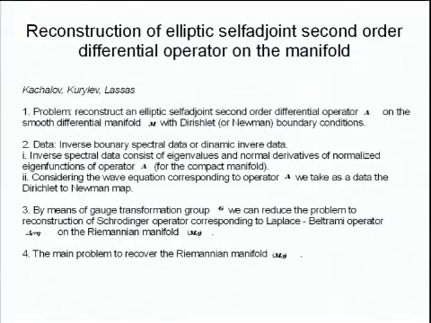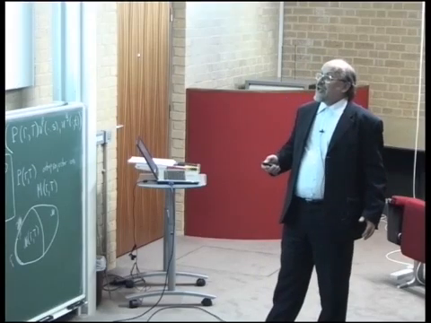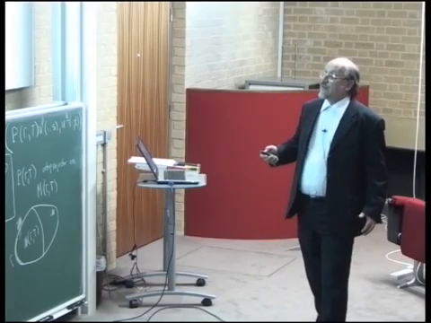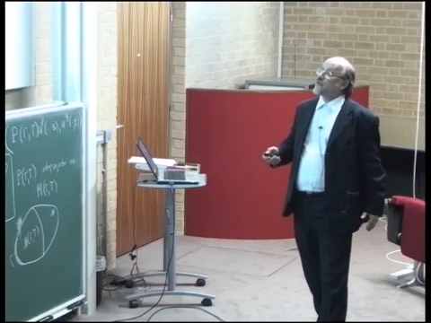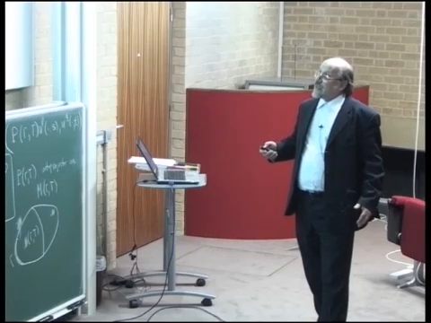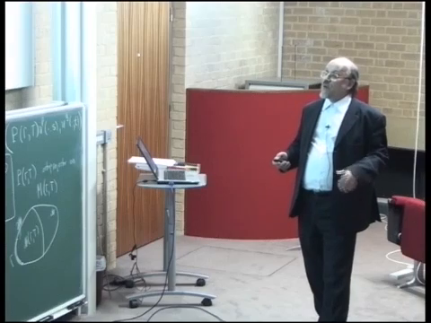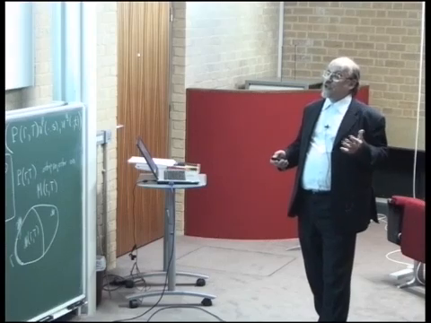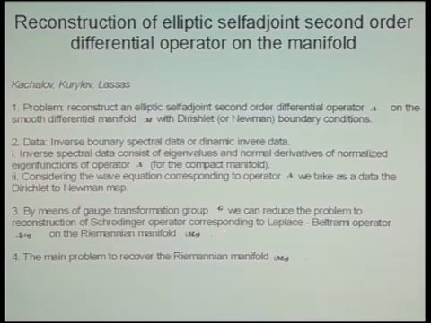First of all, by means of the gauge transformation group, which is related to the operator, we can reduce our problem to the problem of reconstruction of a Schrödinger operator, corresponding to the Beltrami-Laplace operator, delta_g plus q, on the Riemannian manifold.